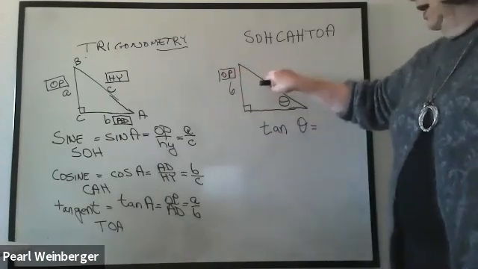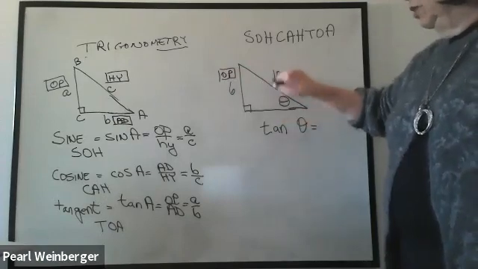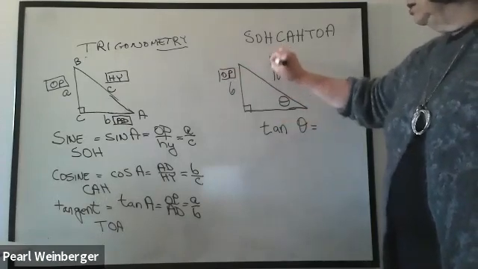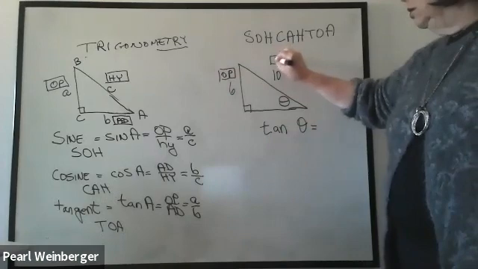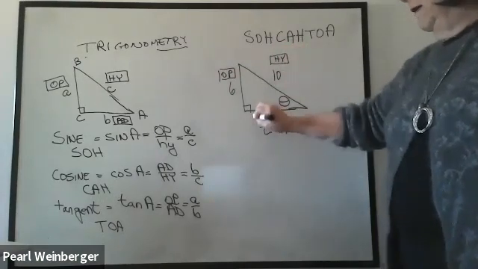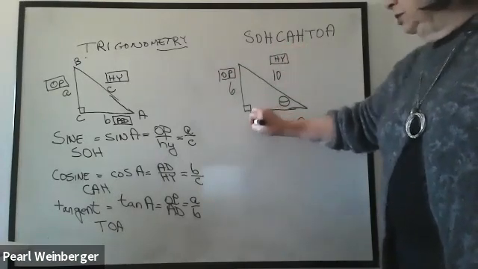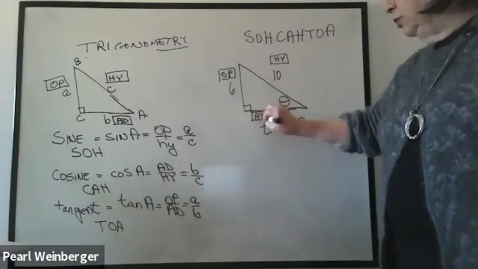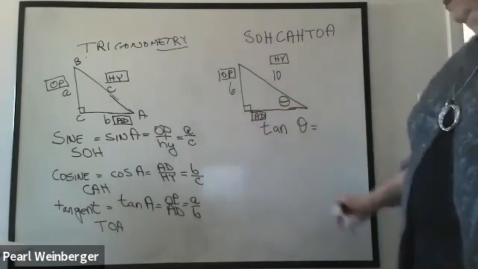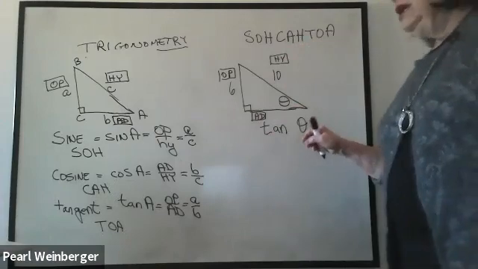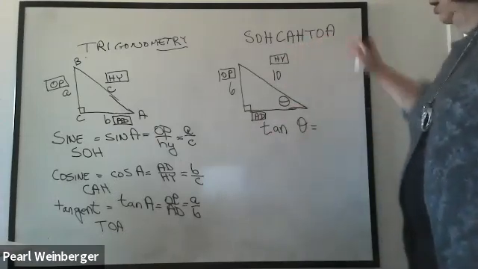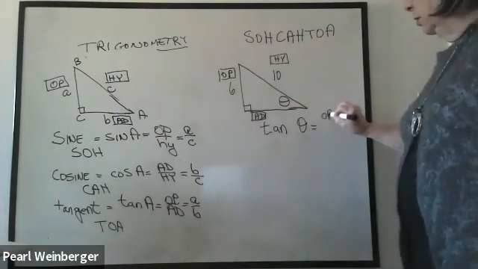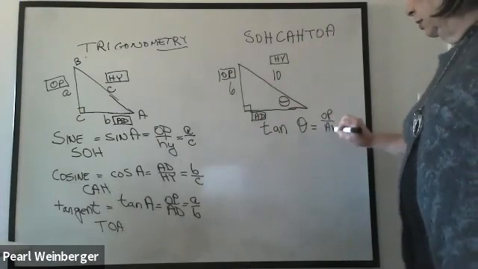This is my hypotenuse because it's across from the right angle. And this obviously then would be the third side, the adjacent side, which makes sense because it's right next to it. And I know tangent is TOA, opposite over adjacent.